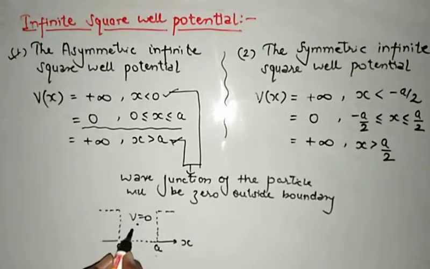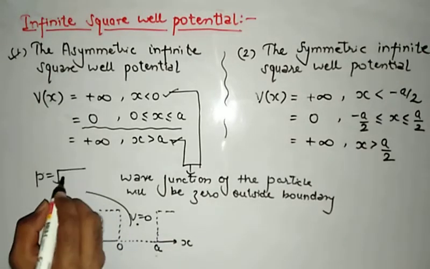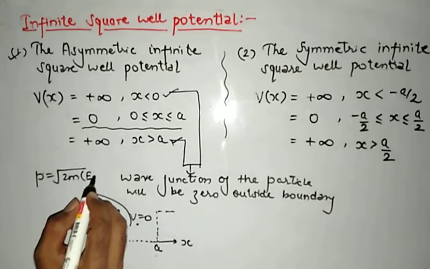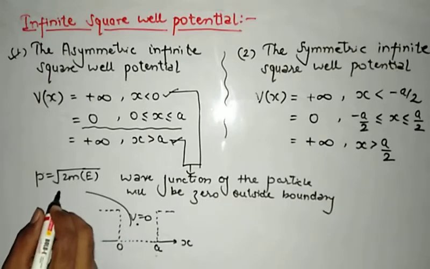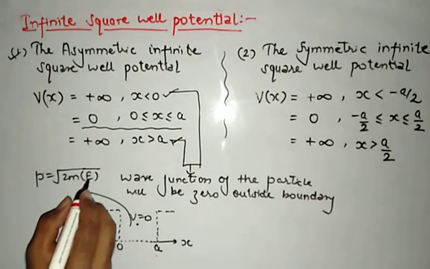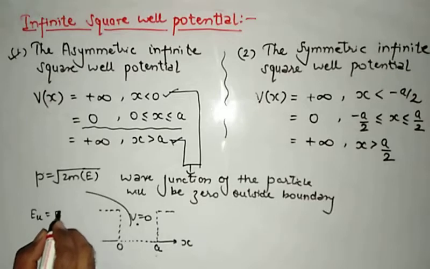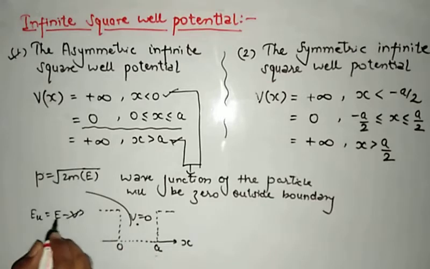It means that the particle momentum will be p is equal to under root 2m (E minus V). So, that will be considered only E, because that is kinetic energy. Actually this is Ek. What is Ek? Total energy minus potential energy. Potential energy is 0 for this region. So, Ek will be E.